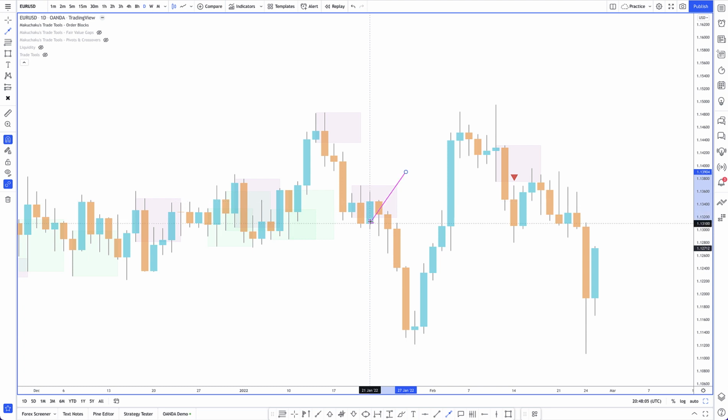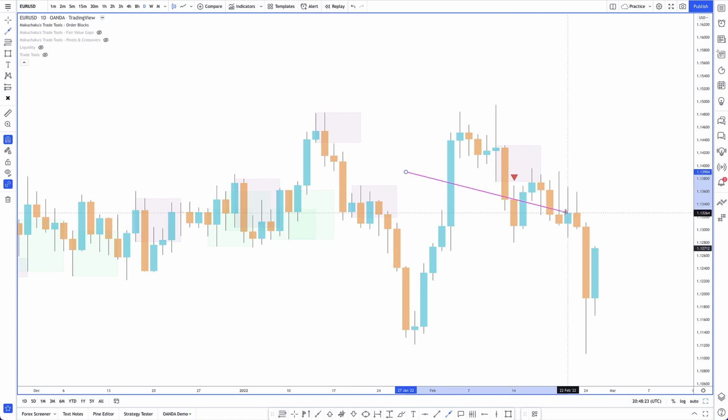So this is not a valid order block, while this is a valid order block. And you can see the same thing here as well. This blue candle was completely engulfed here, then this blue candle was completely engulfed by this candle. So these are all valid examples of order block.